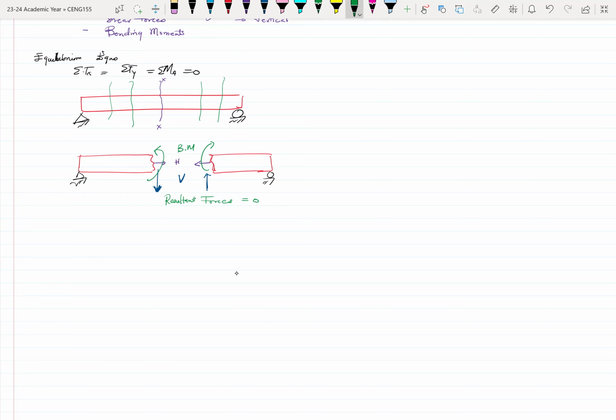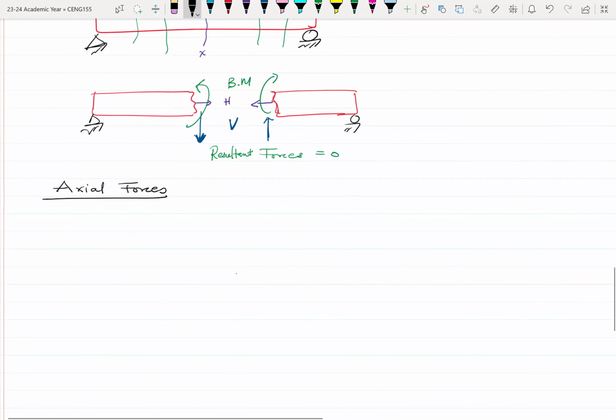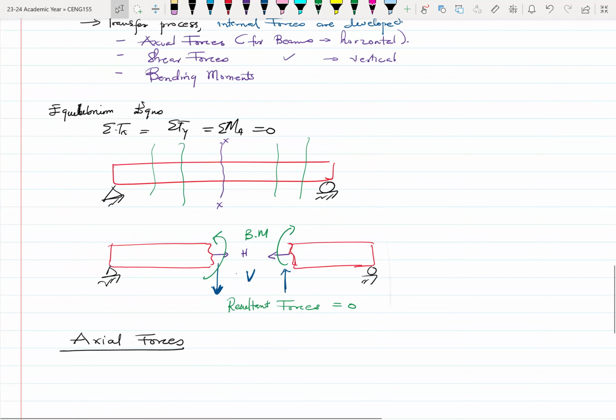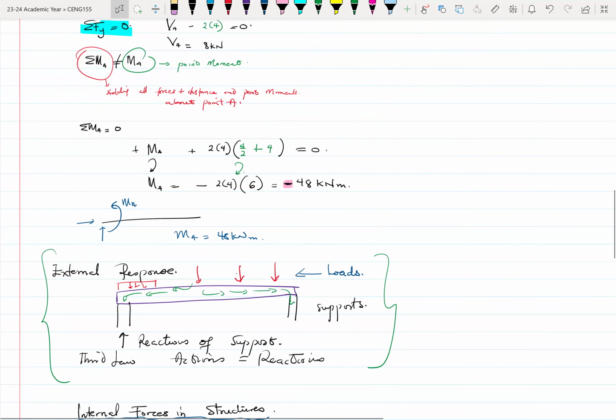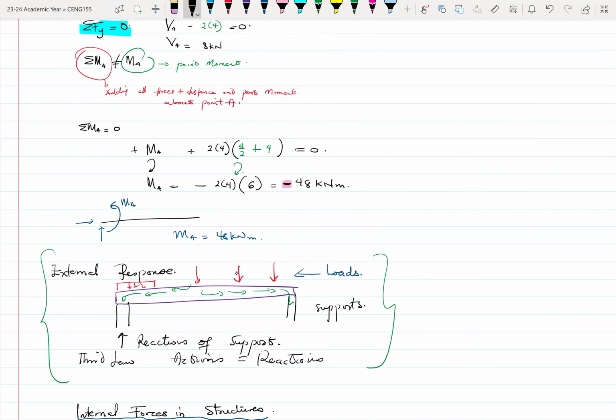So let's look at the axial forces. These are internal forces. Please take a note. When you look at reactions, we have horizontal reactions.